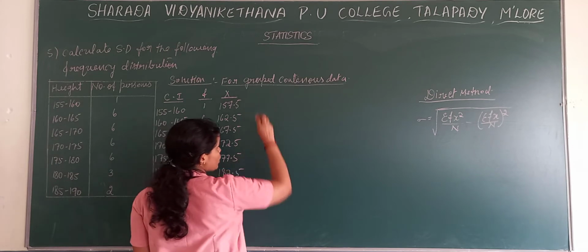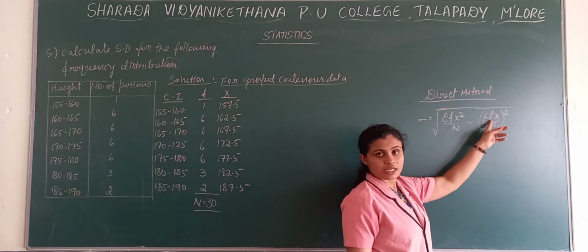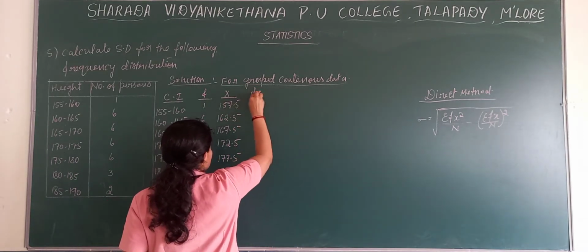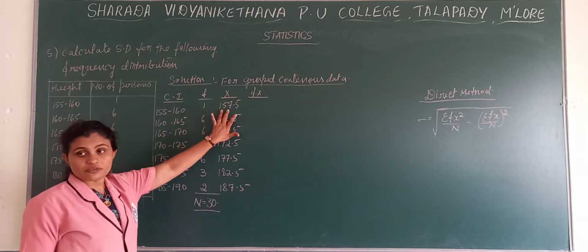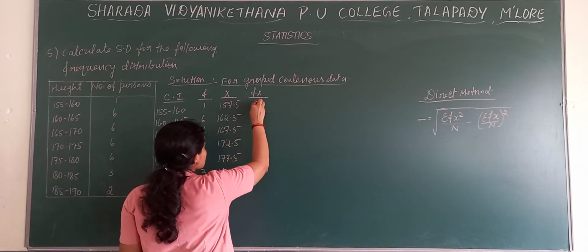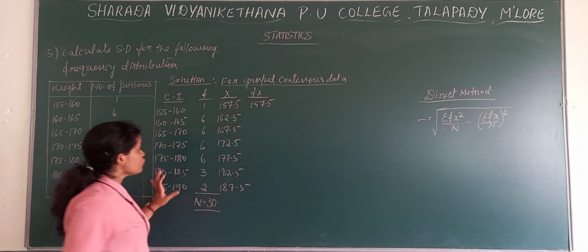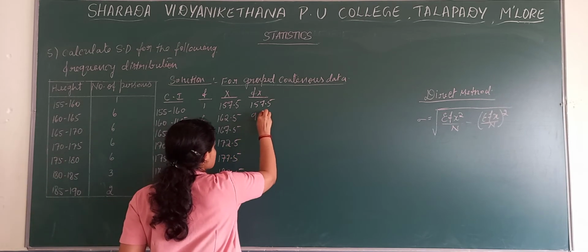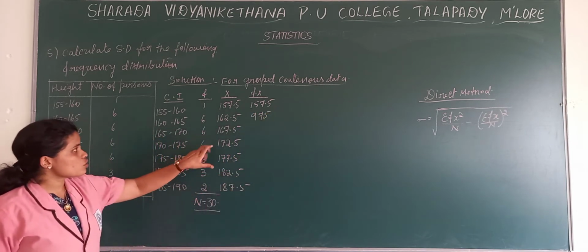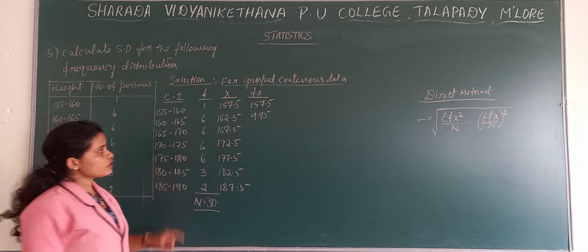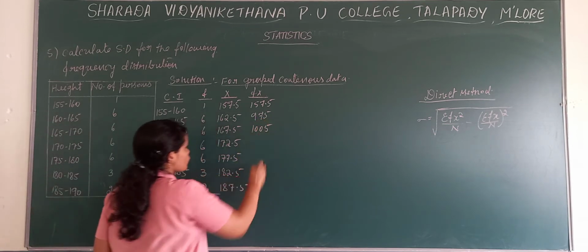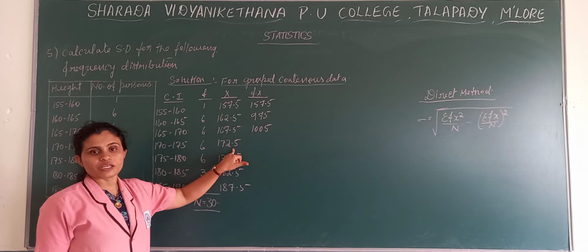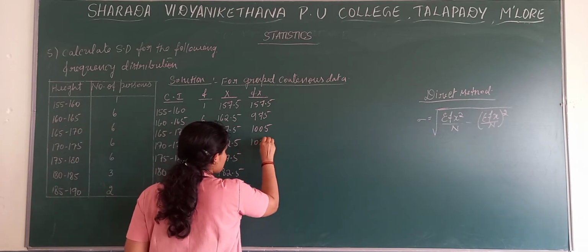Next, according to the formula, we need fx and then f x square. Here fx is f multiplied with x. The first one we get as 157.5, then 6 into 162.5 we get 975. Then 6 into 167.5 we get 1005. Then 6 into 172.5 we get 1035.